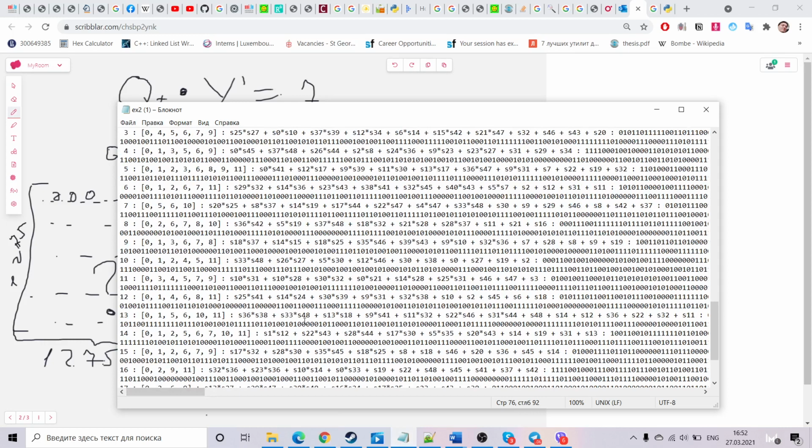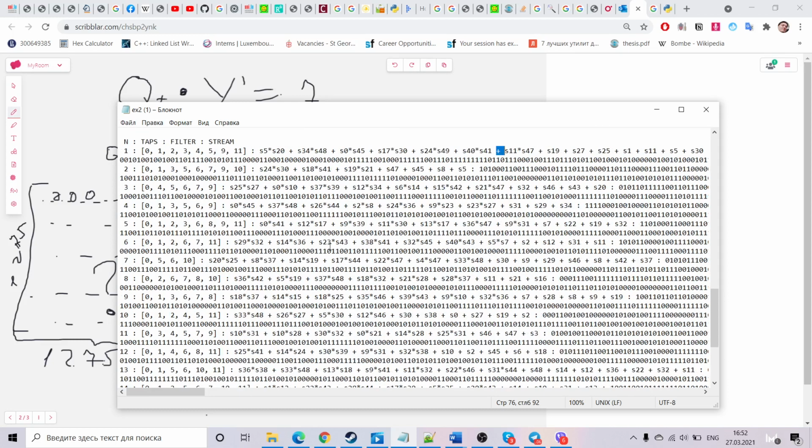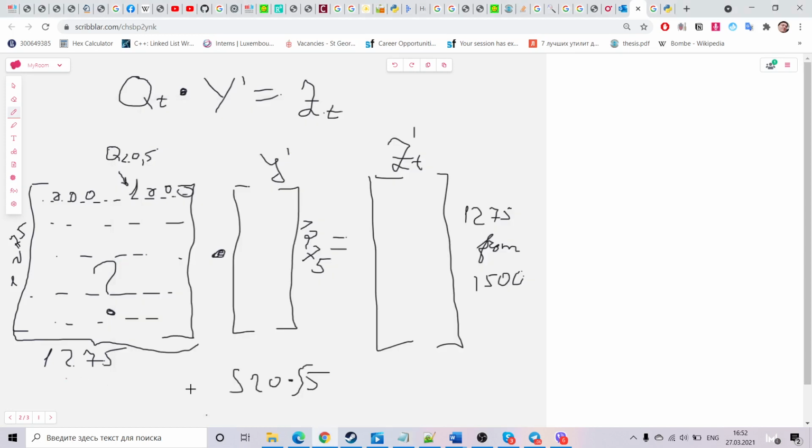For example, from our txt file, we see that we need just s5 multiplied by s20. For example, it's here, and we know that the position which will be responsible for positions 20 and 5 will be equal to 1.